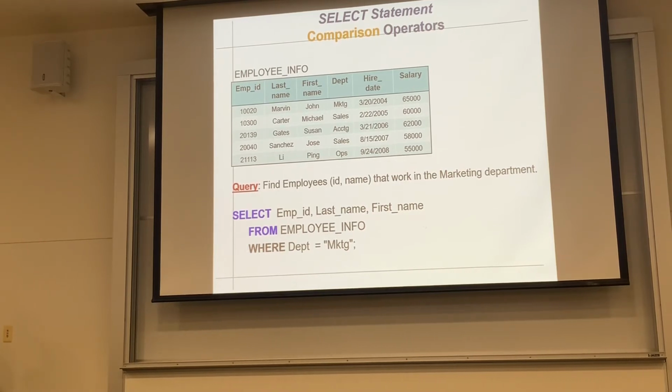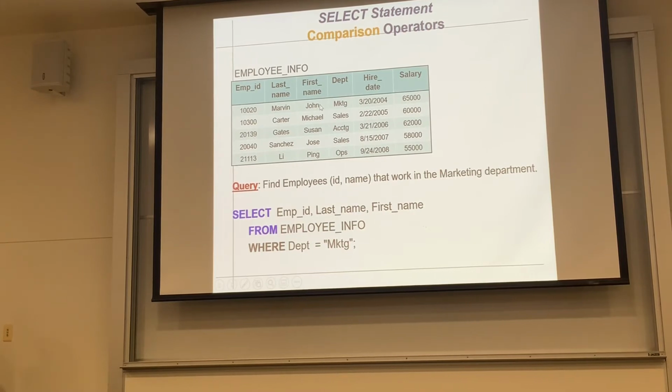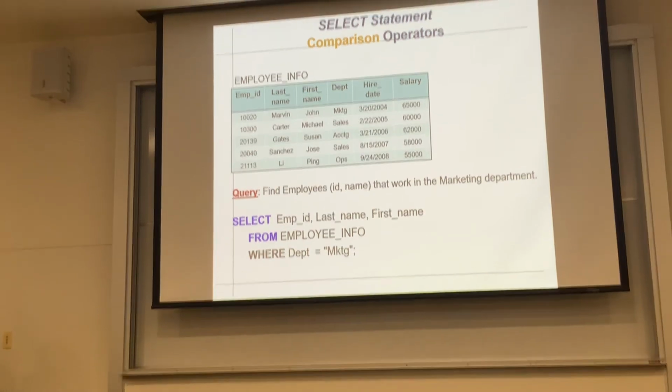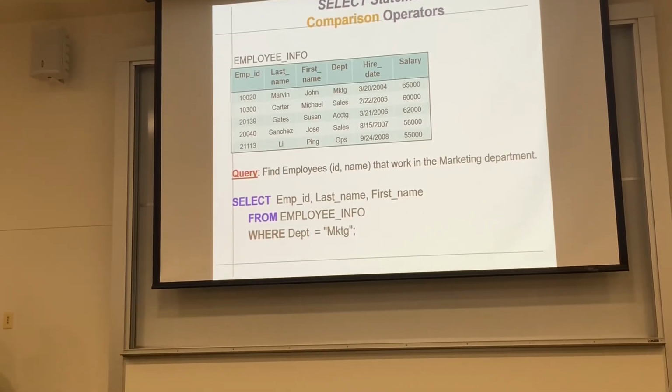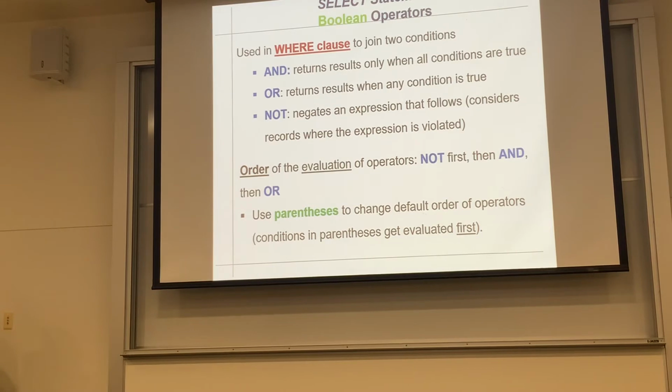So I could then find anybody whose first name starts with a J. And then you can combine ANDs and ORs statements, but it has to follow parentheses order of operations. I'll go through an example that might be a little easier to see.